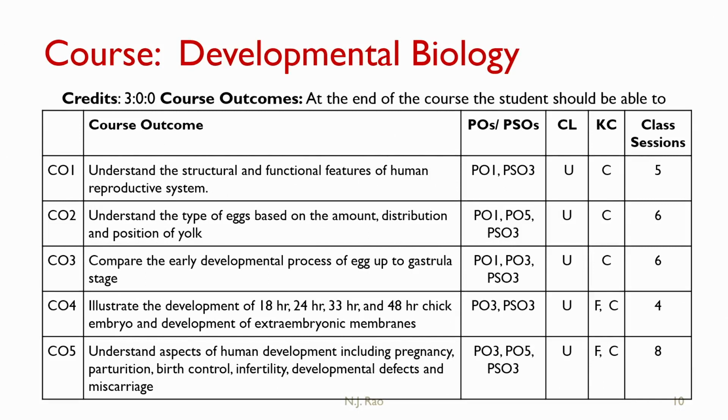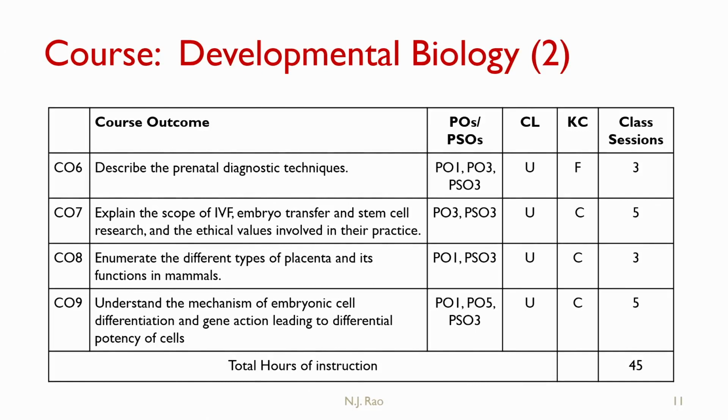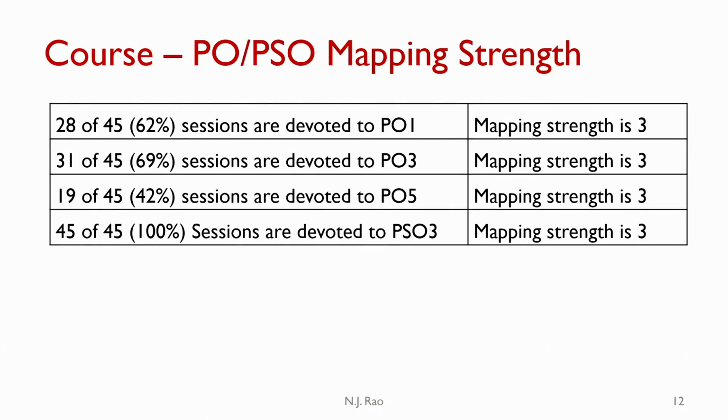Now, once again, in the same developmental biology course we are taking, we are putting all the numbers here, and the course description is given here. If you count the number of hours associated with PO1, it appears in 28 out of the 45 total sessions.